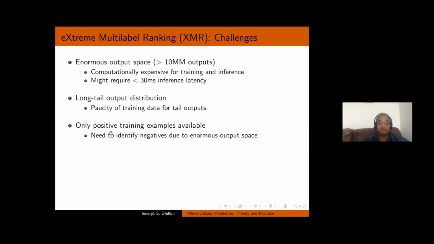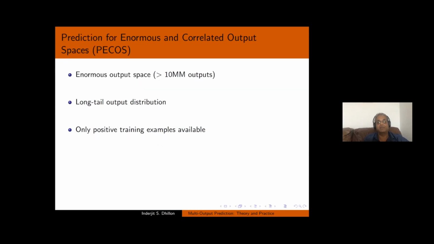And in the biased matrix depletion case, we just kind of punted and said, hey, we'll just give a 1 minus alpha weight to all the others. But then the optimization problem is huge, especially if you have different loss functions. And so you need to have some empirical way of trying to identify the negatives, a small number of negatives due to this enormous output space.